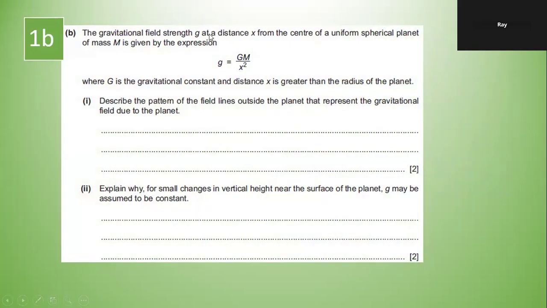Gravitational field strength g at a distance x from the center of a uniform spherical planet of mass M is given by the equation. G is the gravitational constant. The distance x is greater than the radius of the planet. Describe the pattern of field lines outside the planet that represent the gravitational field due to the planet.